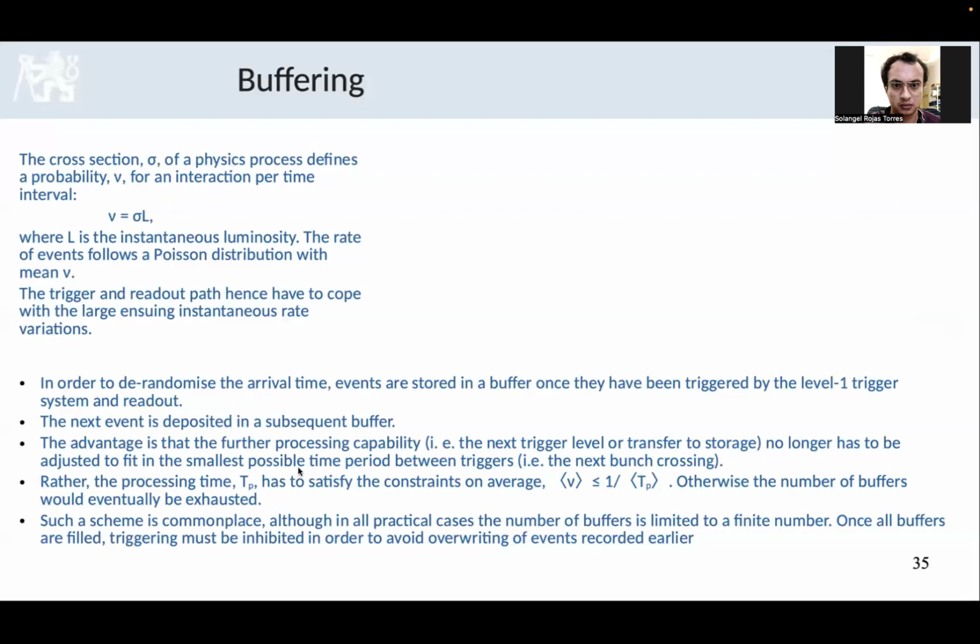Okay, and so we have constraints from the triggers. This is mainly because of the capabilities of the processing time of the electronics, and for this we put some events in a buffer that can later be related to a specific collision identification number or something like this.